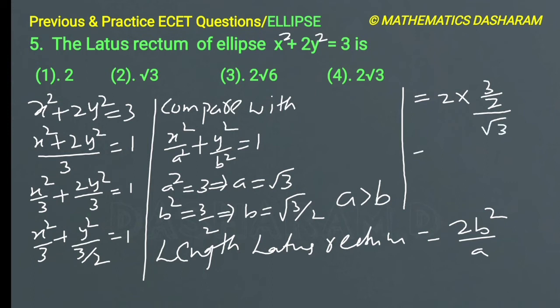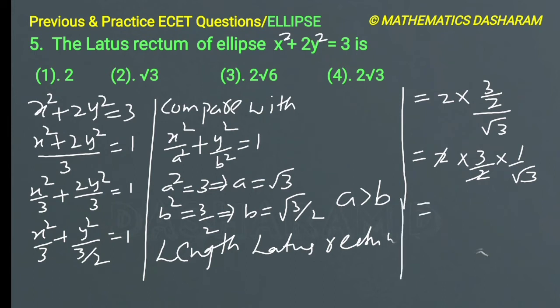So then 2 into 3 by 2 into 1 by root 3. Here 2 cancels. So then here 3 can be written as root 3 whole square into 1 by root 3. So root 3 square cancels root 3. So then option 2 is correct.